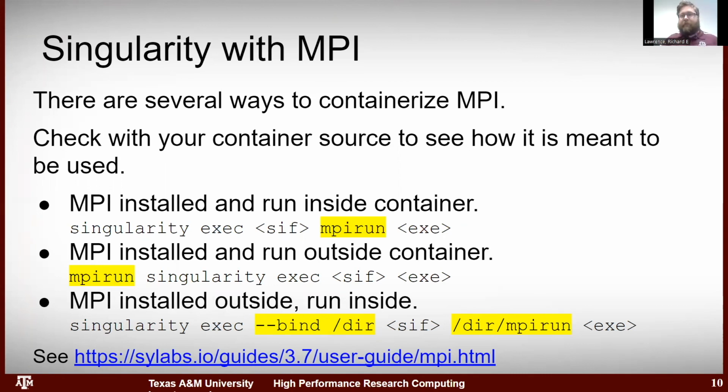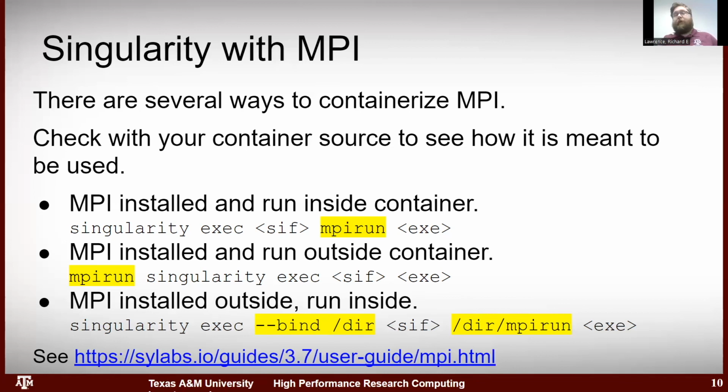Now, for MPI specifically, there are at least 3 different ways to handle MPI in a container. You can install MPI in the container and then run MPI in the container. This has the advantage that the developer has control over what they're doing, but it has the disadvantage that the MPI is not aware of your specific hardware.